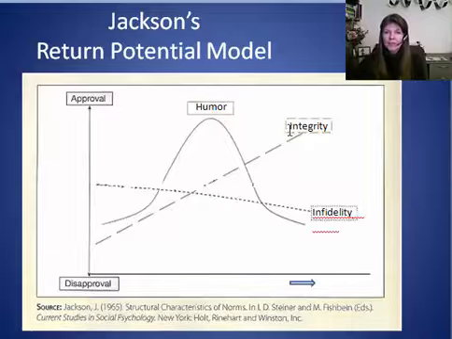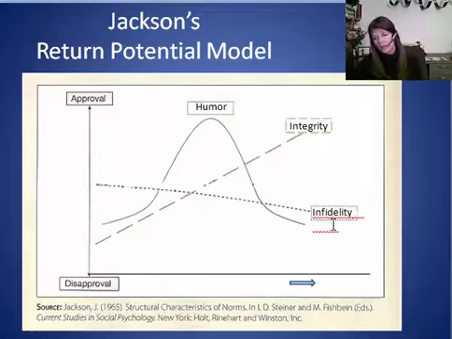Now, these are two interesting values. Now let's look at infidelity, okay? Notice that this is a negative relationship. So it is linear, but a negative relationship. So the more infidelity in which one engages, clearly, the less approval that is returned. That's a negative relationship.